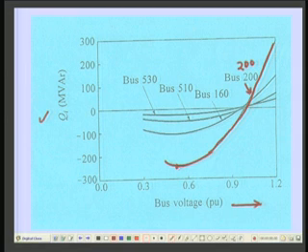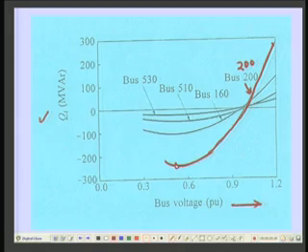Now, from this point onwards, let me call this the mark point, dQ/dV is positive, and therefore any operation on this part of the curve will be a stable operation, in the sense that dQ/dV positive means that when I increase the reactive power injected, there is an increase in the voltage at that bus.